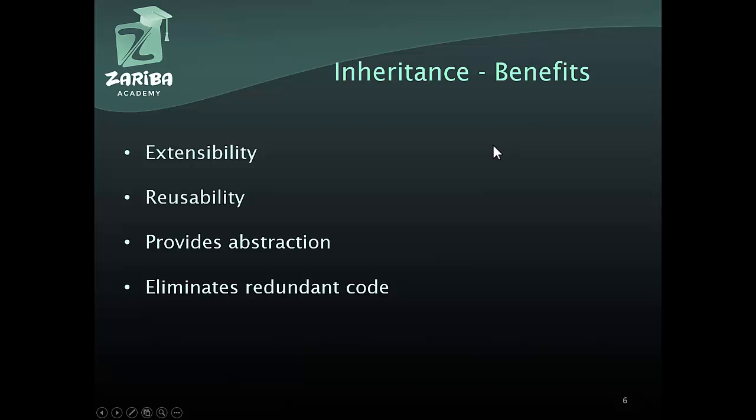All right. Inheritance benefits. We have extensibility, so we can extend our more abstract classes into something which has more functions, different functions, and so on, which is really good. As we saw, we reuse code quite a lot, so we reuse all of the properties that we create in the more abstract classes.